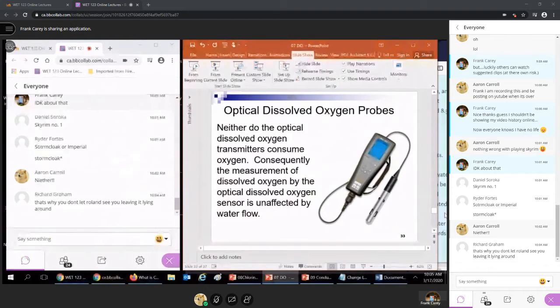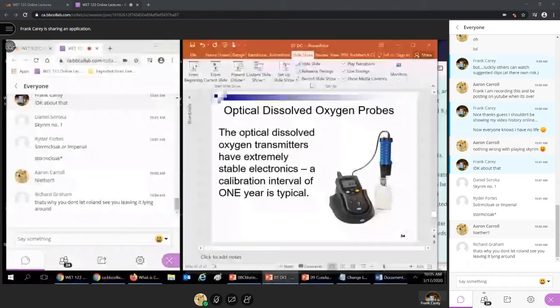Without flow, there'd be a dead zone around the probe where the oxygen has been used up. Because LDOs do not consume oxygen, they do not need flow. You can just stick it in, for instance for jar tests, batch tests, or whatever.